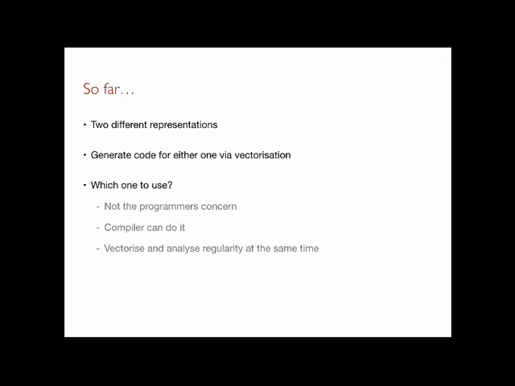The programmer shouldn't have to know up front whether their sequences will be regular or irregular. They should be able to just apply functions to them, and the correct version should be called, and the correct representation used. So we really want our compiler to not only be able to vectorize our functions so that they can work over these representations, but also choose which representation to use at the appropriate time.